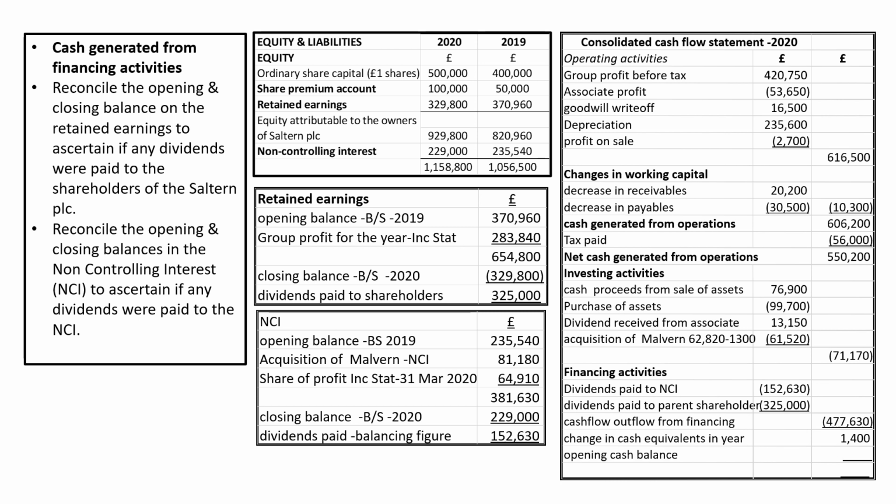We then add it to the opening cash balance taken from the balance sheet, which is 5,400, and that gives us the closing balance at the year end, which is 6,800.